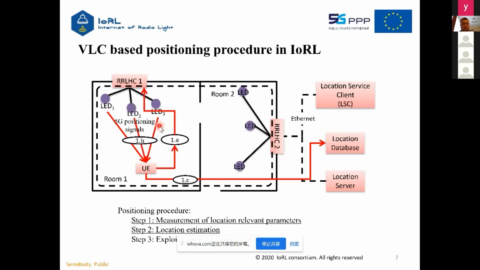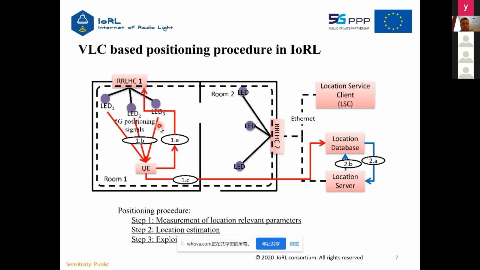The second step is the location estimation. In this step, the location server first reads the coordinates of the corresponding LEDs from the location database, and then performs the location algorithm. After that, the location server writes the user equipment's position estimation results to the location database.